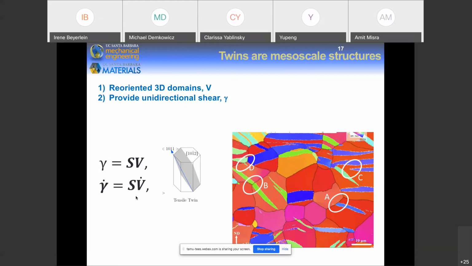So if you have other imperfections like cracks, cracks, for instance, give a nice area for twins to happen because they do two things. They are defective, and they also have high stress concentrations. So those could be preferable areas for twins to nucleate.